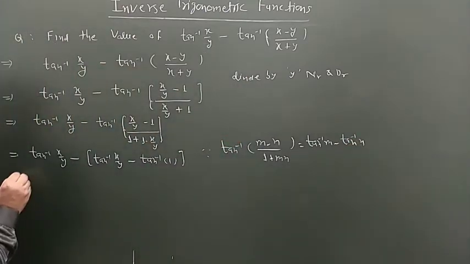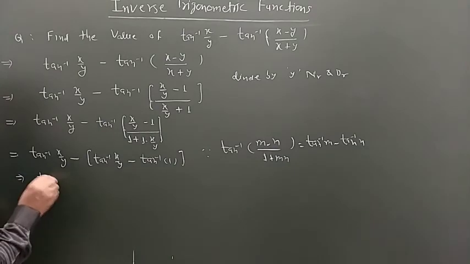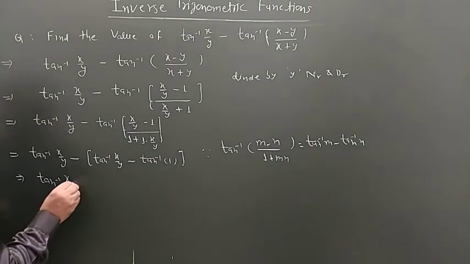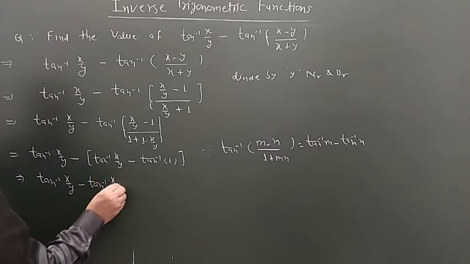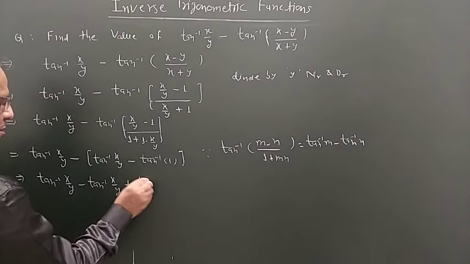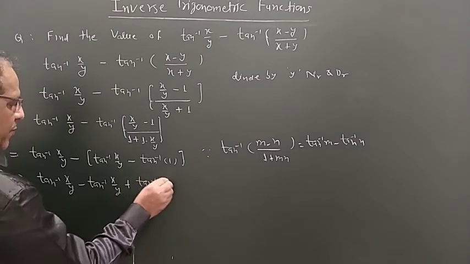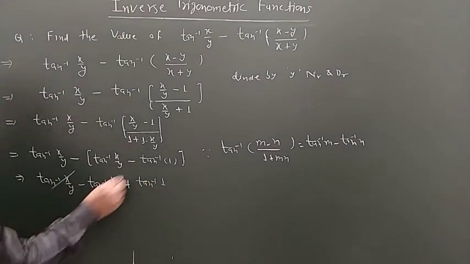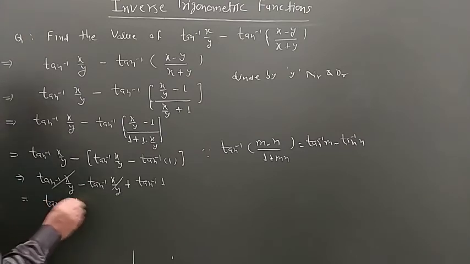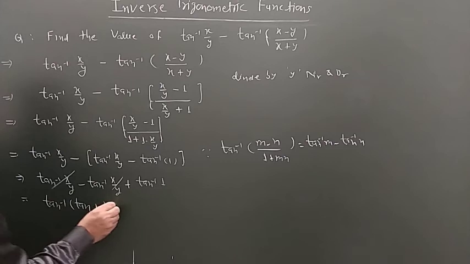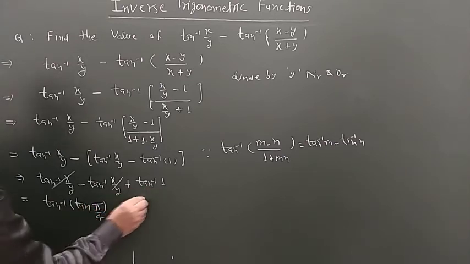Now tan inverse x upon y minus tan inverse x upon y plus tan inverse 1 cancel out, tan inverse 1 is tan inverse tan pi by 4. So this becomes pi by 4.